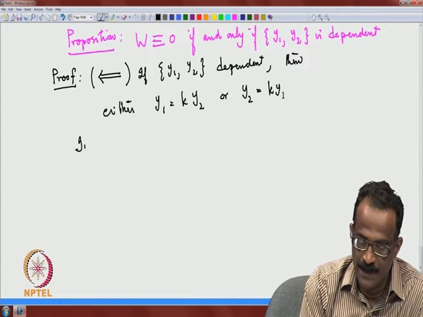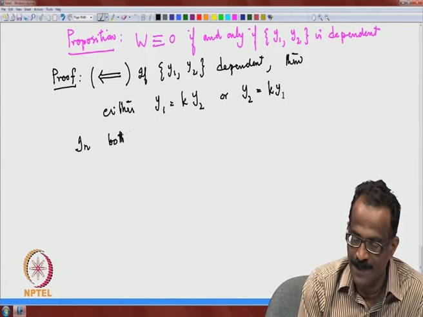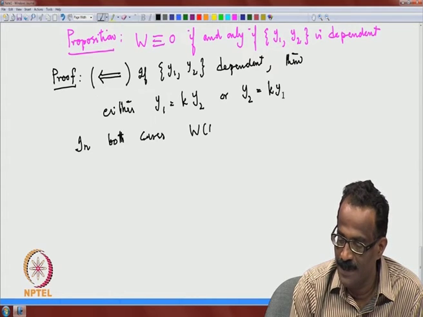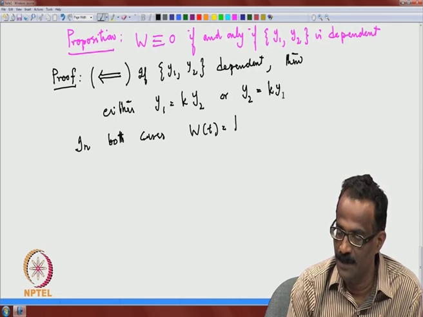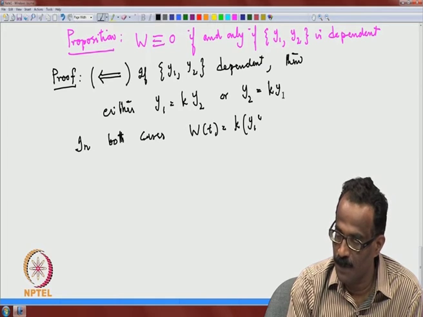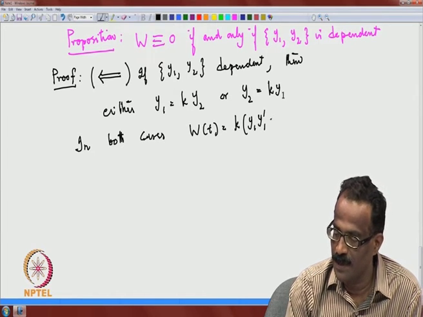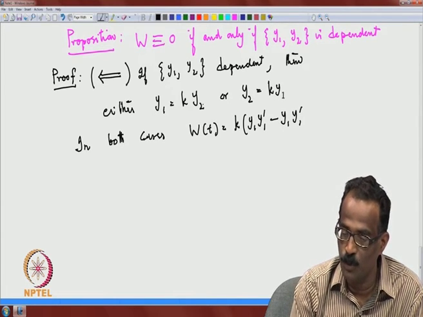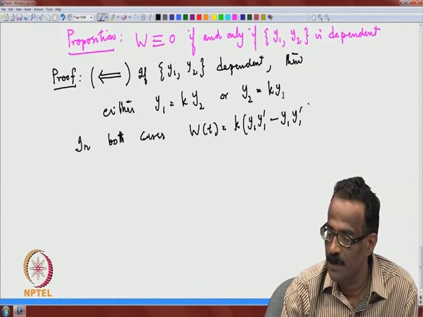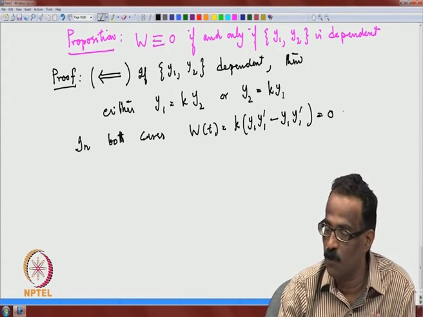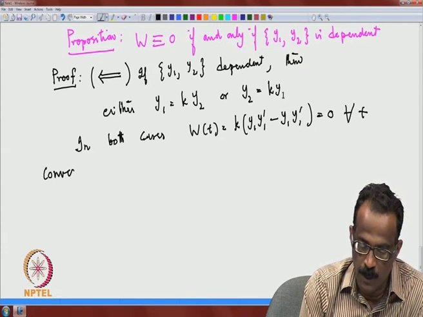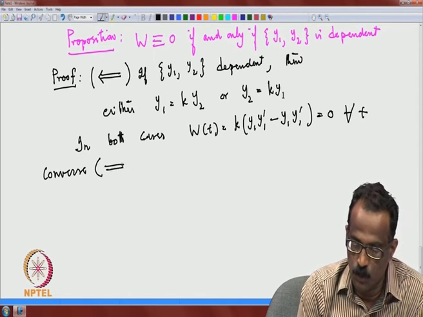In both cases you can immediately see, what is W(t)? It will be k times y1 y1 prime minus y1 prime, because y2 is a multiple of y1. So, y1 into y2 prime is nothing but k times y1 y1 prime, so W is equal to 0 for all t. So, the converse part is the non trivial part, that this part you have to prove.